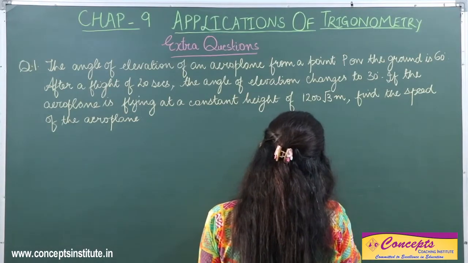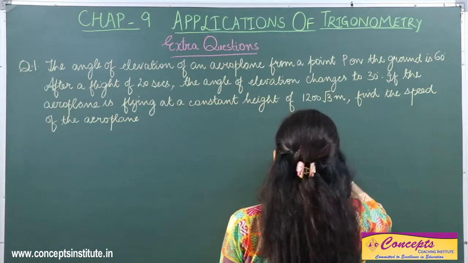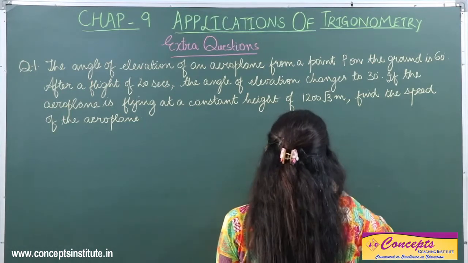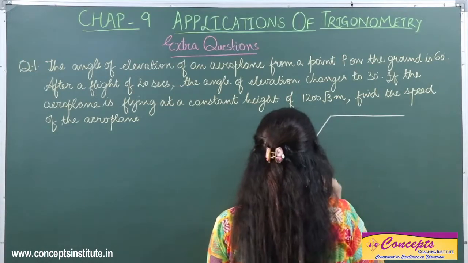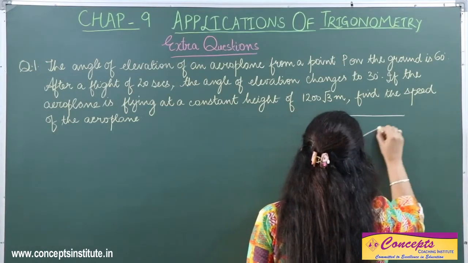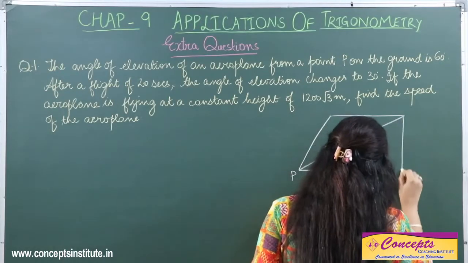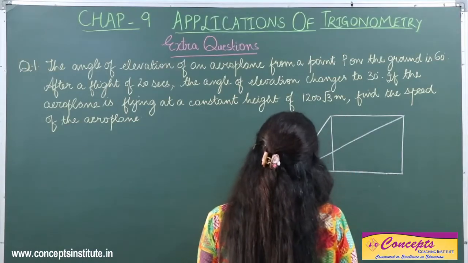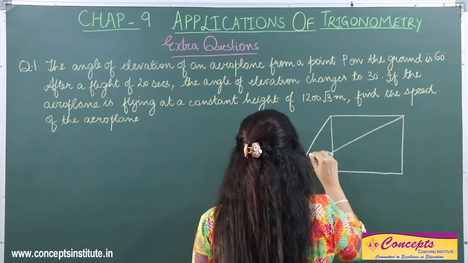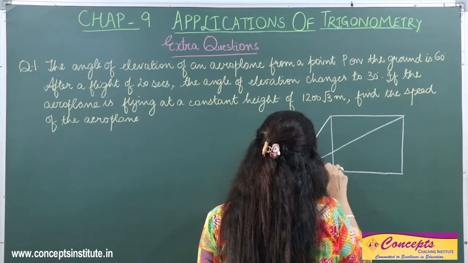See, from a point P on the ground, the angle of elevation of the aeroplane is 60 degree, right? And then after a flight of 20 seconds, the angle of elevation changes to 30 degree. So let's just make the figure first. Now this angle was 60 degree initially, and then it changed to 30 degree.